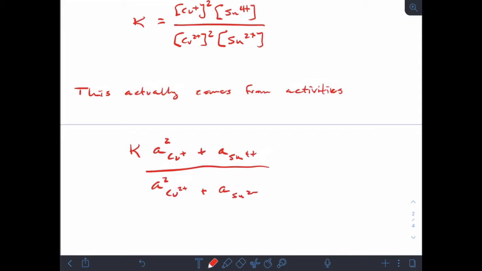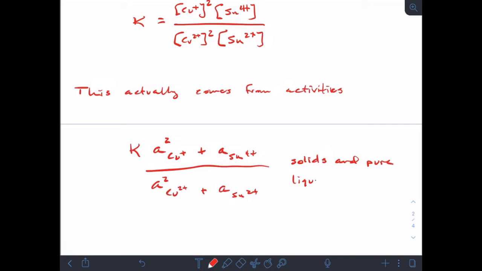Now, I want to make it clear that you do not need to know how to write the expressions in terms of activities. The reason that I show this is that solids and pure liquids have activities of 1.